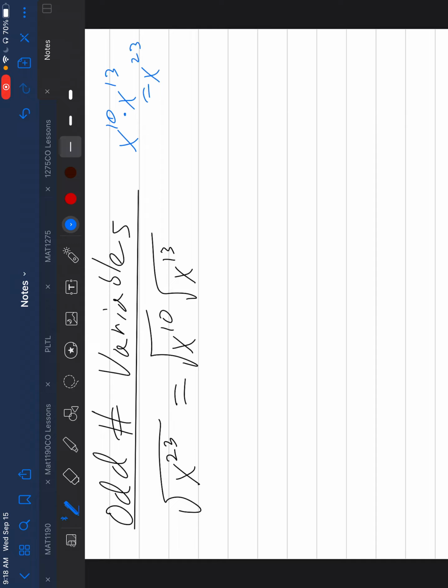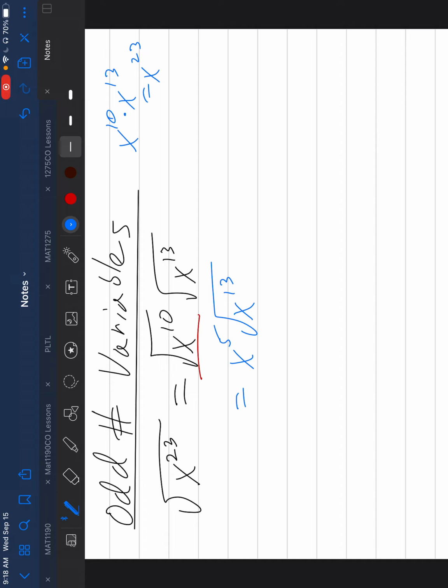So that means using this rule of multiplication and addition of exponents, we can separate x to the 23rd into radical x to the 10th and radical x to the 13th. And guess what? This is a perfect square. So x to the 5th, radical x to the 13th.